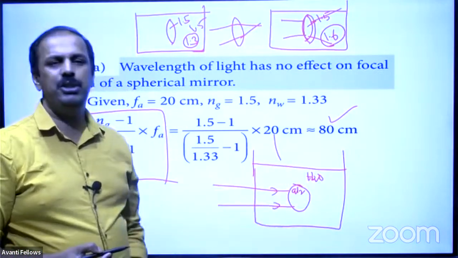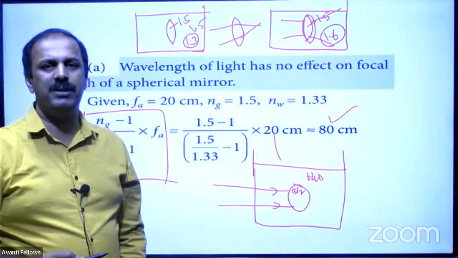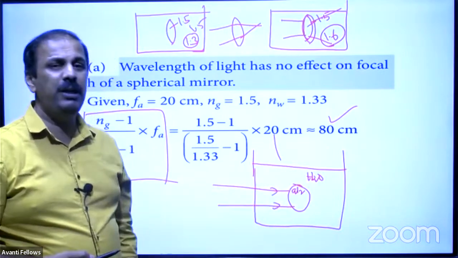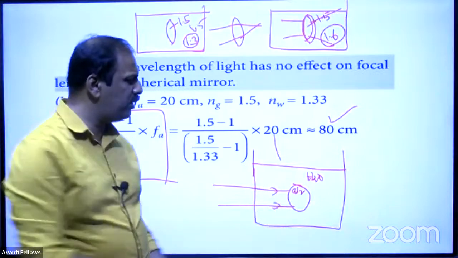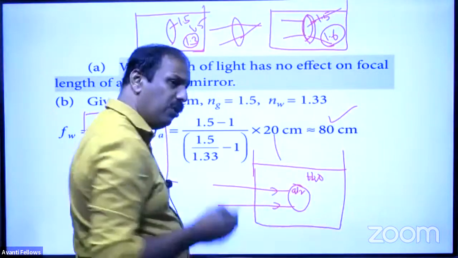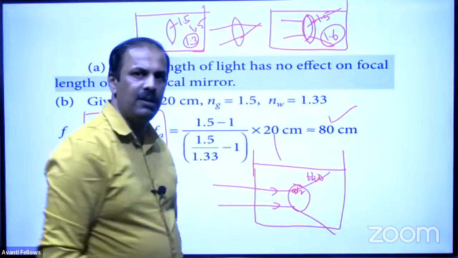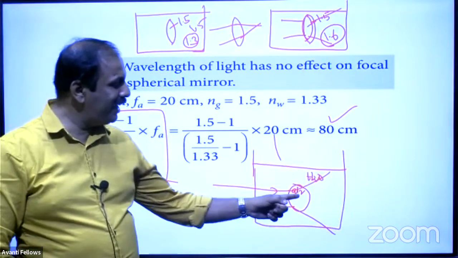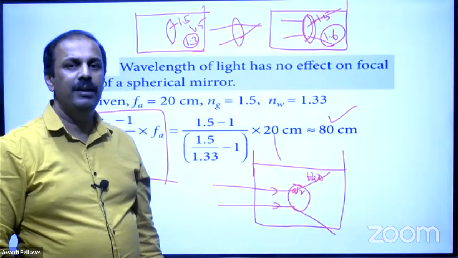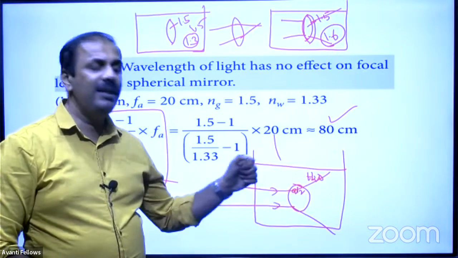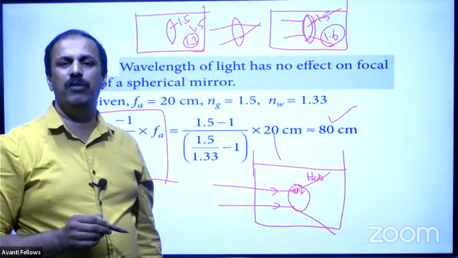Which type of lens will it be, concave or convex? From the shape, you will feel it is a convex lens, so that the light will converge like this. No, it will not happen like that. It will diverge like this. So an air bubble inside water is acting like a concave lens, not a convex lens.